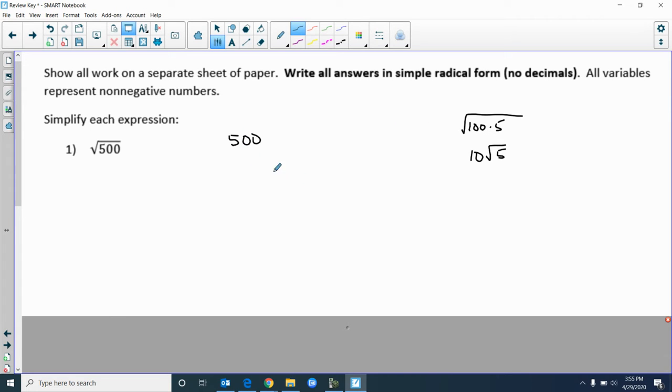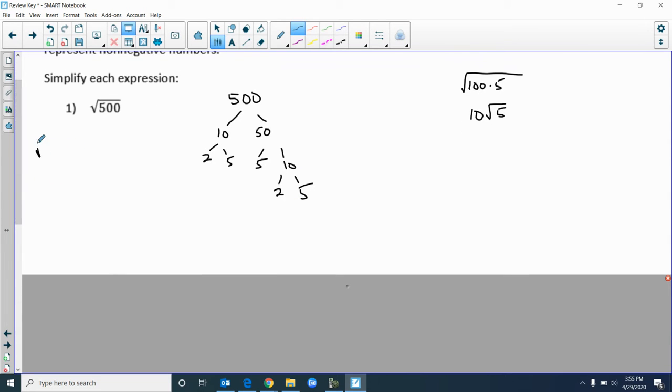You do need to show your work. Very, very, very important that you show your work. I'm going to do 10 times 50, and that's 2 times 5. That's 5 times 10, and 10 is 2 times 5. So we get the square root, and I get two 2's and three 5's.